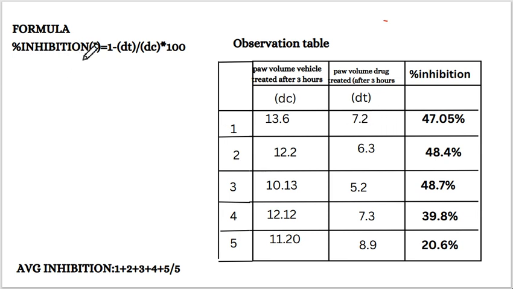So we have to put in this formula: percent inhibition I is equal to 1 minus DT upon DC into 100. So DT कितना है, paw volume treated after 3 hours, vehicle treated.